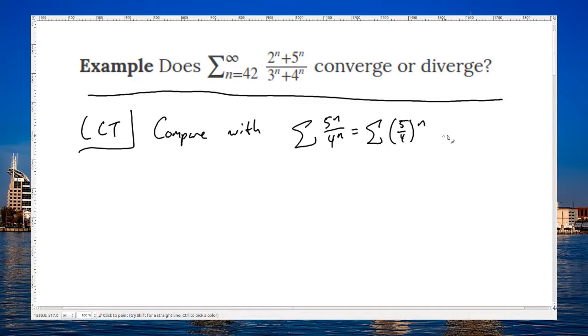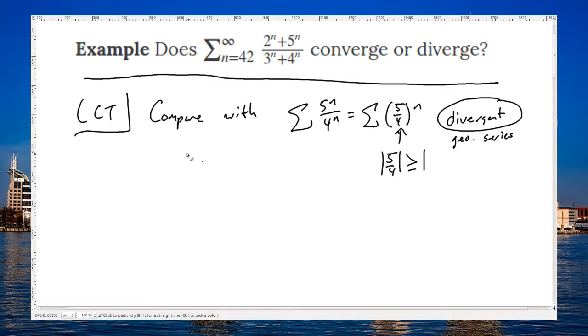And we'll note that this is a divergent geometric series. It diverges because the ratio 5/4, its absolute value is bigger than 1 or equal to 1.